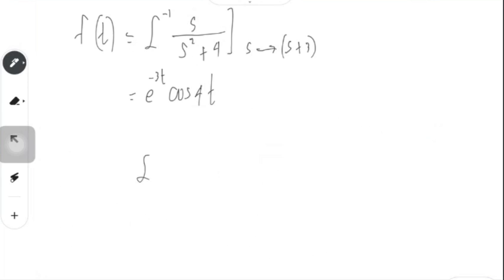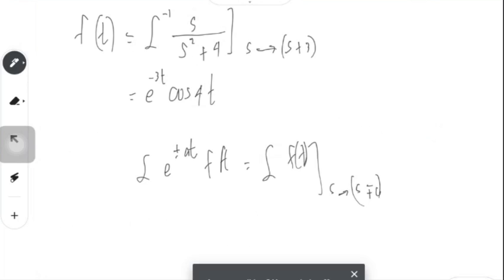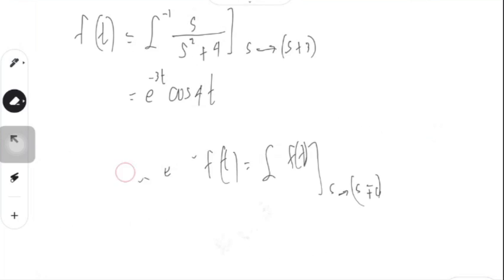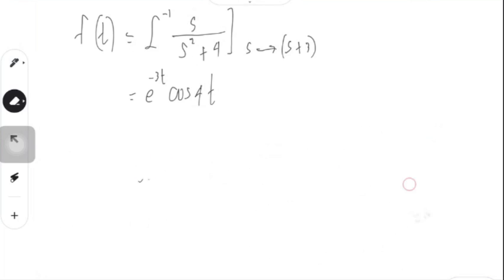The Laplace transform of e to the plus or minus at times a function of t is equal to the Laplace transform of the function of t, but you have to replace s by s negative positive a. So, ibig sabihin, yung function of t natin, no, is cosine 4t. Dahil meron kang s replaced by s plus 3, you have a multiplier of e to the at. And your a is negative 3t. This is from theorem number 2, known as first shifting theorem.